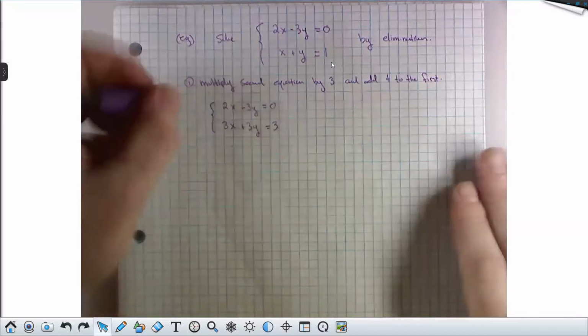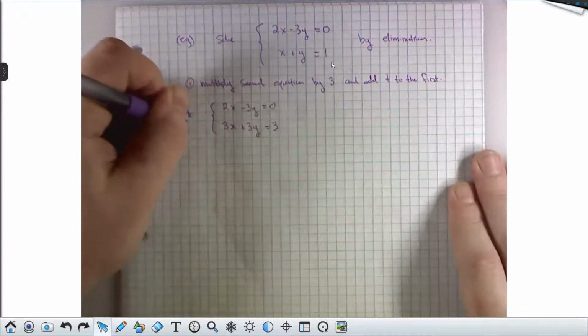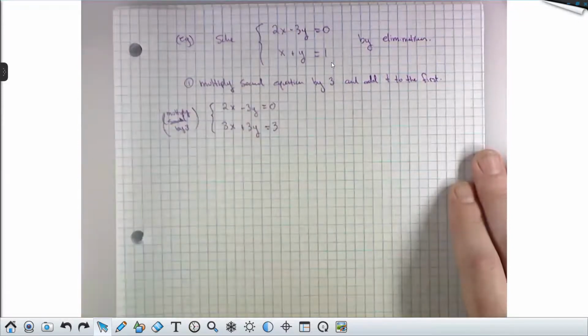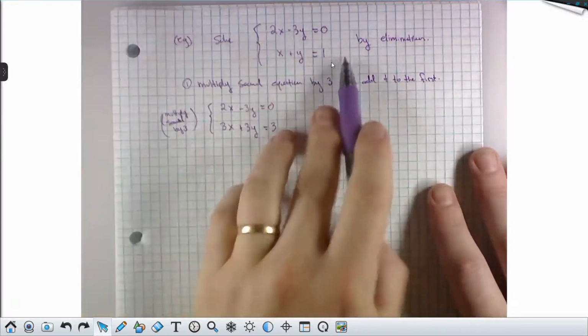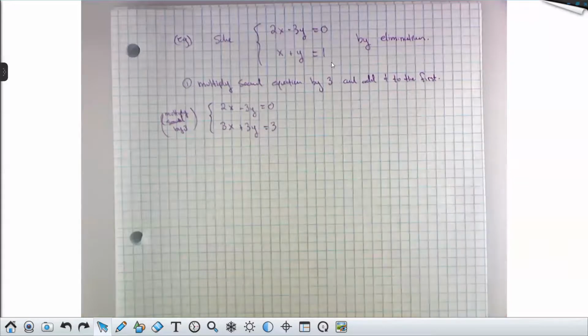So this is multiplying the second equation by 3. And now I'm going to add that to the first. So you can multiply through an equation by a non-zero number. This is something we've seen before. You multiply both sides by 5, divide both sides by 7. That's always okay. It's okay here too.